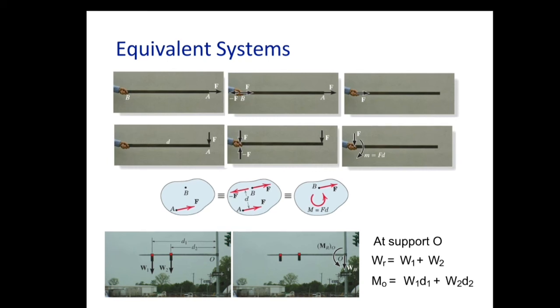For the formation of the couple there will be a force F in the opposite direction, which is parallel to this force at A. But for the equilibrium condition there should be no net force, so we will apply two equal and opposite forces so that there will be no change. If we apply these two forces, negative F and positive F, their resultant will be 0 at the B point. So there is no effect over the body.